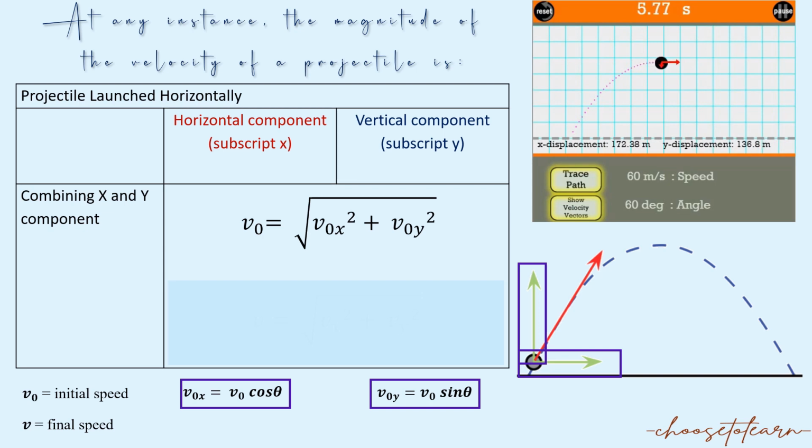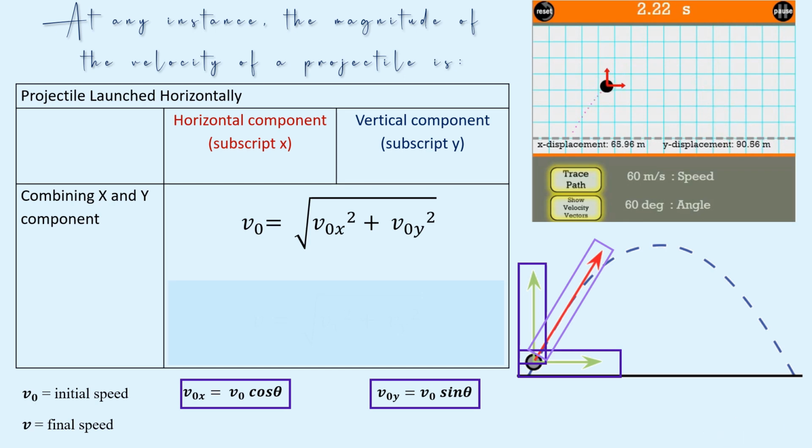So, if we are to find the initial speed, say for example, we don't know that it is 60 meters per second. We only know that the initial horizontal velocity is 30 meters per second and the initial vertical velocity is 52 meters per second. If we are to find the initial speed of the projectile, we are referring to this portion.